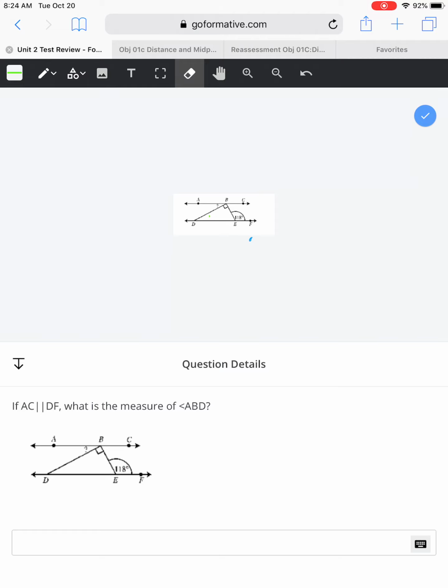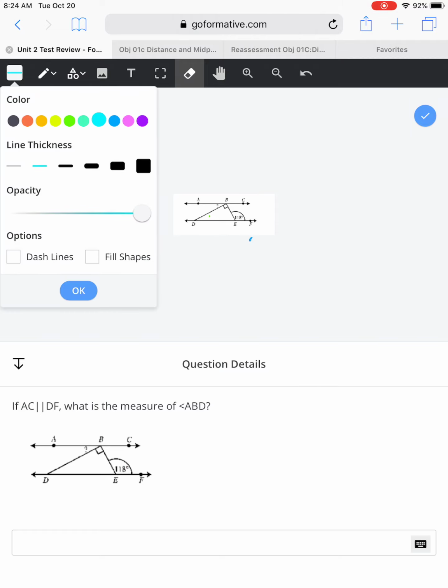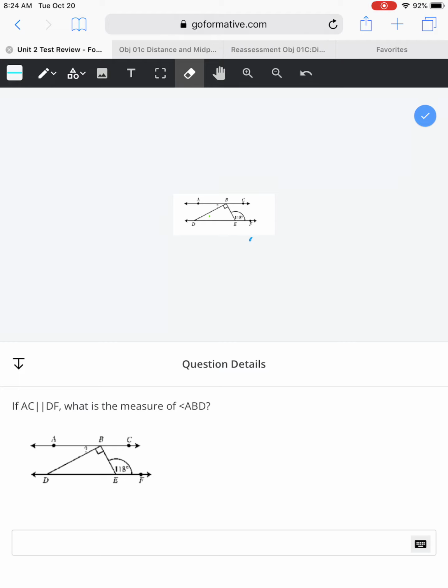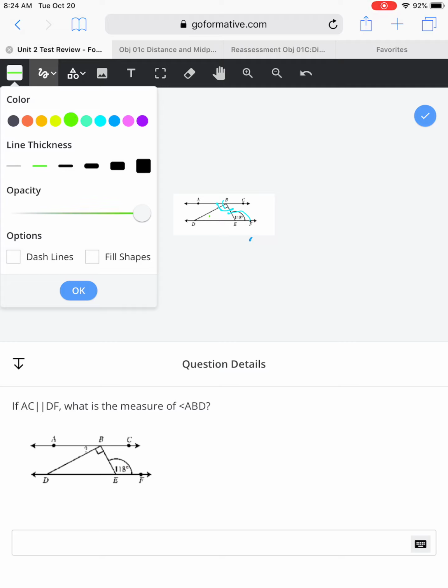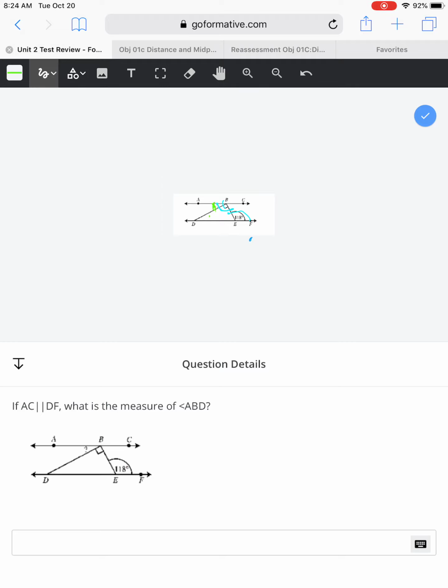If this angle is 118, then this angle also has to be 118 because those are alternate interior angles. But we're not trying to find that whole angle, we're actually just trying to find this little part. And so I know that since the whole angle is 118, the little part that I'm missing is going to be 118 minus 90, which is 28 degrees.